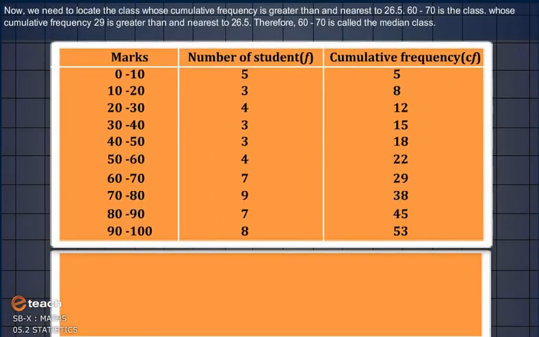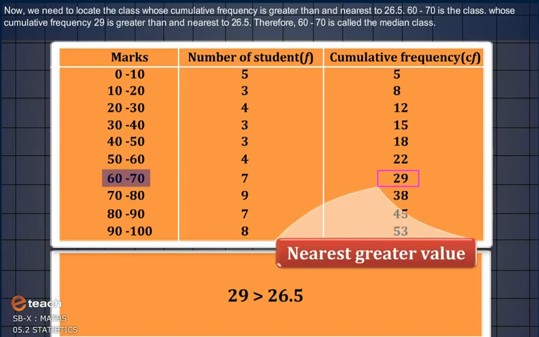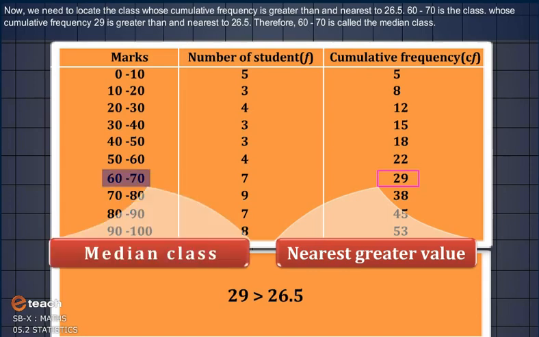Now we need to locate the class whose cumulative frequency is greater than and nearest to 26.5. 60 to 70 is the class whose cumulative frequency 29 is greater than and nearest to 26.5. Therefore, 60 to 70 is called the median class.